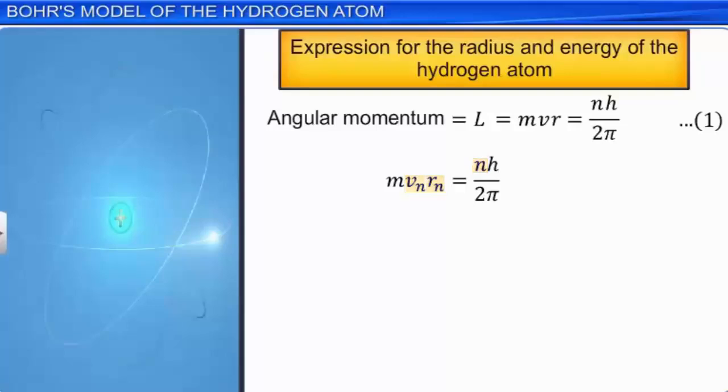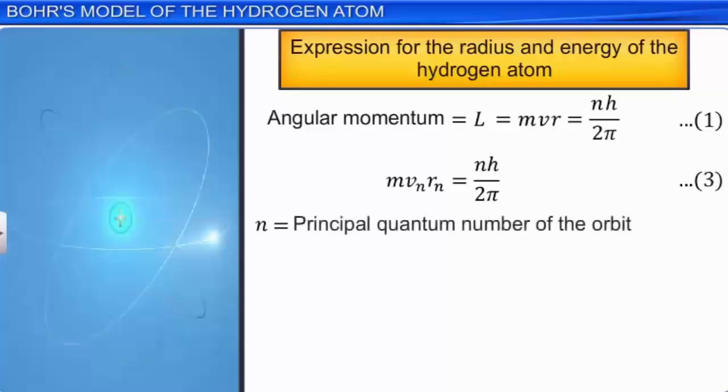The allowed orbits are numbered 1, 2, 3, and so on, according to the values of n, which is called the principal quantum number of the orbit. We have learned that the relation between the radius r of the electron orbit and its corresponding velocity v is given by r_n = e² by 4πε₀ m v_n². Let this be equation 4.